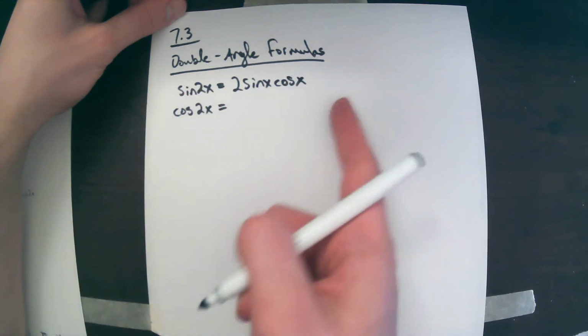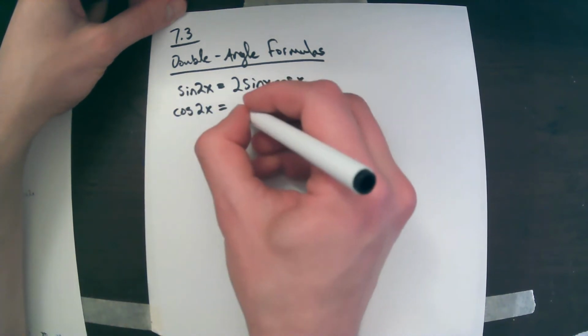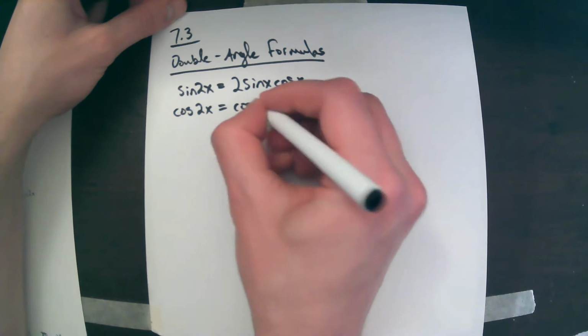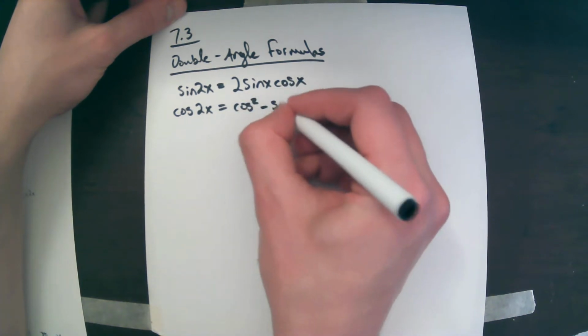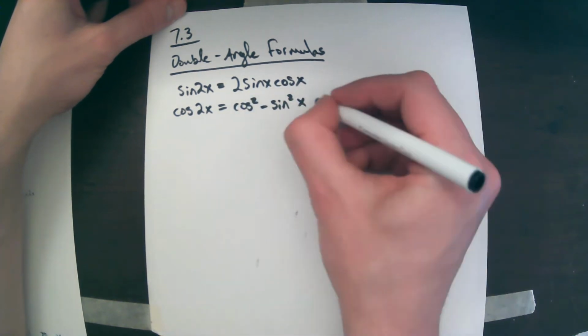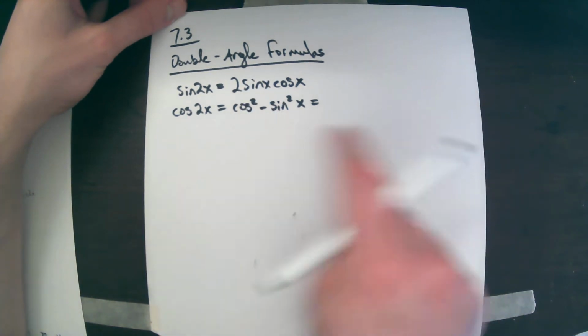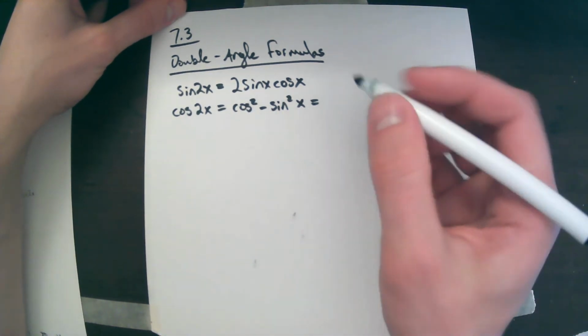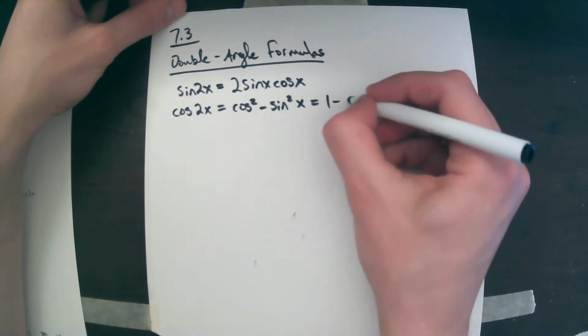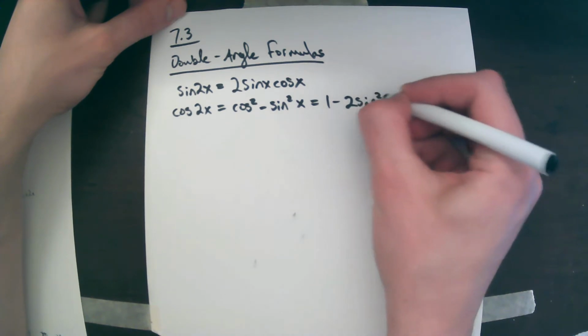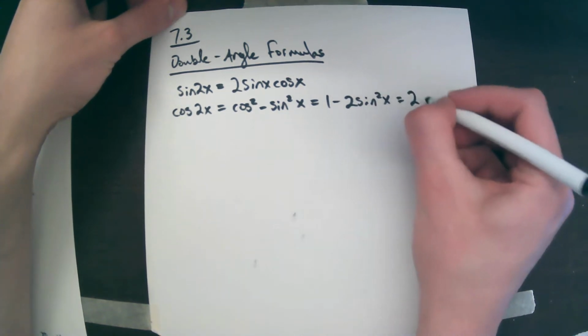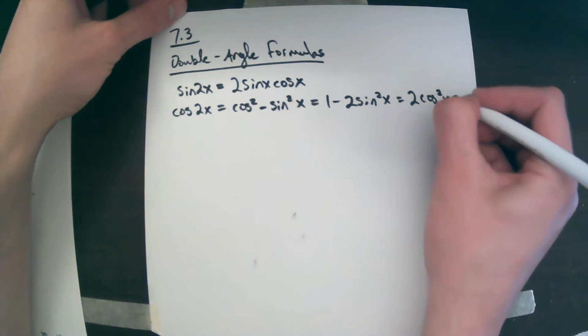Alright, so there's sine of 2x, and then cosine of 2x has a few different formulas here. So there's one of them, and then another representation is 1 minus 2 sine squared x, and then 2 cosine squared x minus 1.